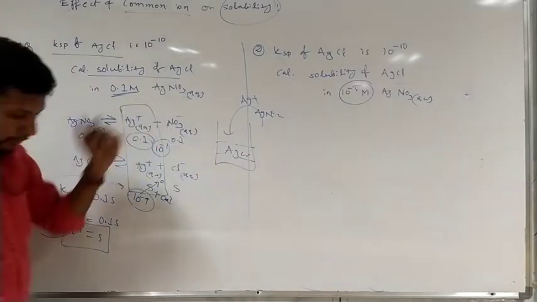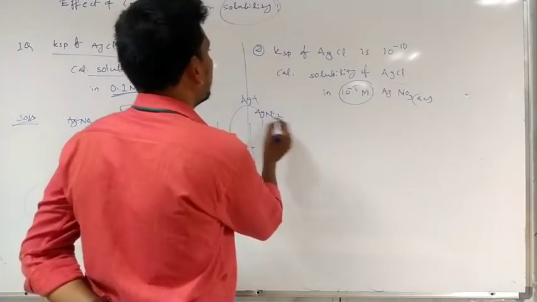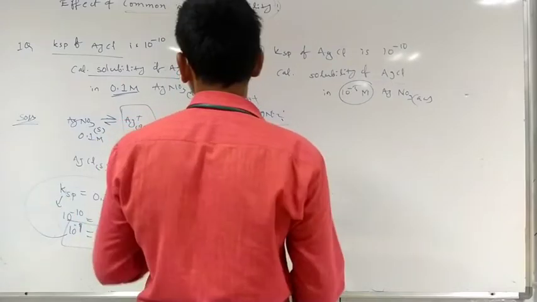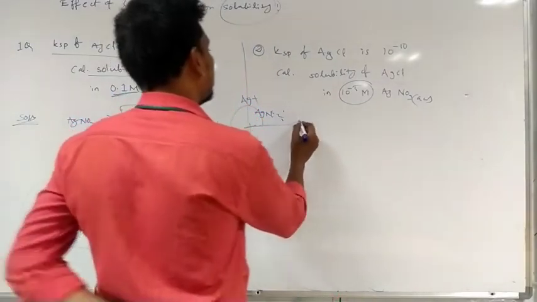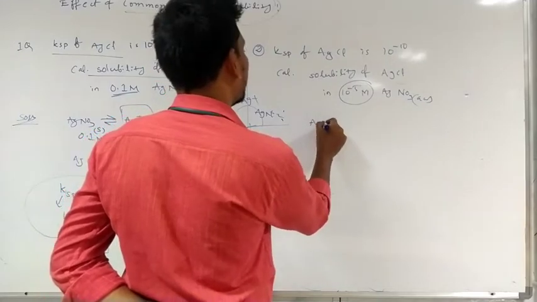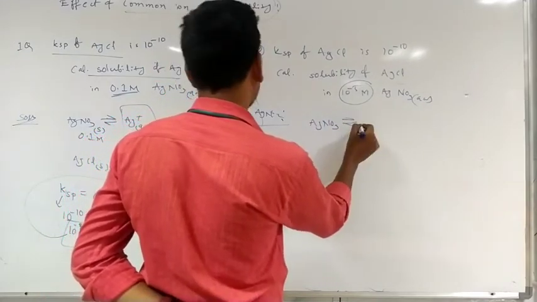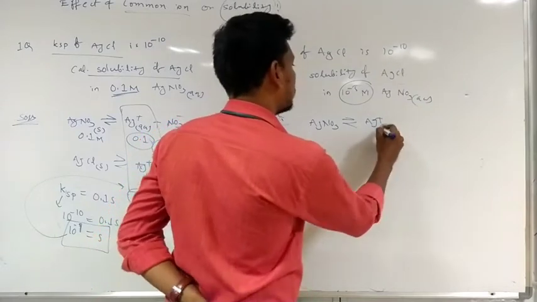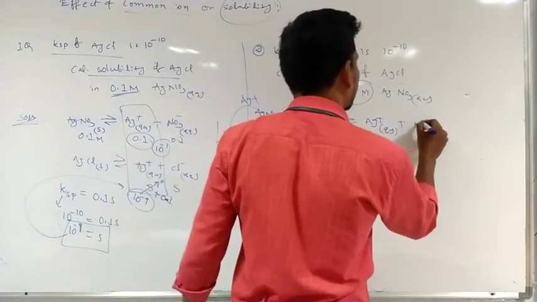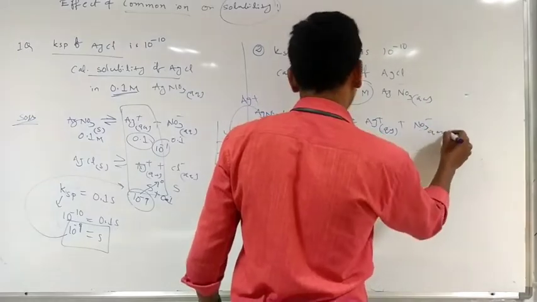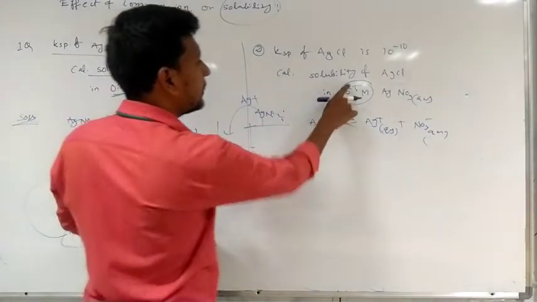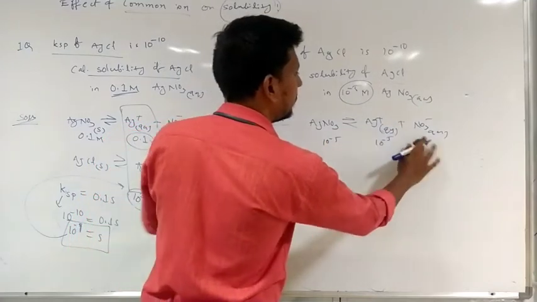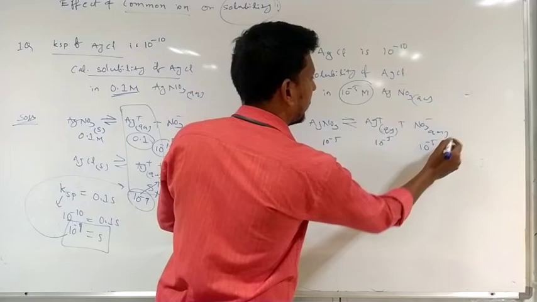Now I am going to the next one, for explanation purposes. Here I am doing the same thing. AgNO3 is in equilibrium with Ag+ aqueous and NO3- aqueous, but here I am taking 10 to the power minus 5 moles of this one, and 10 to the power minus 5.